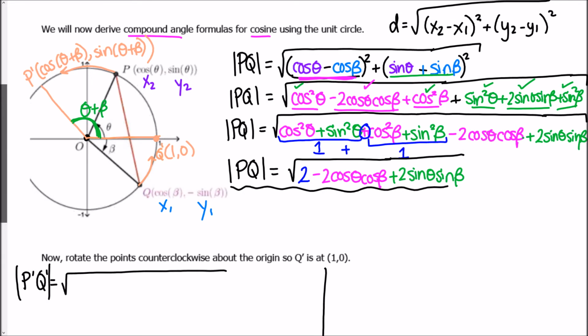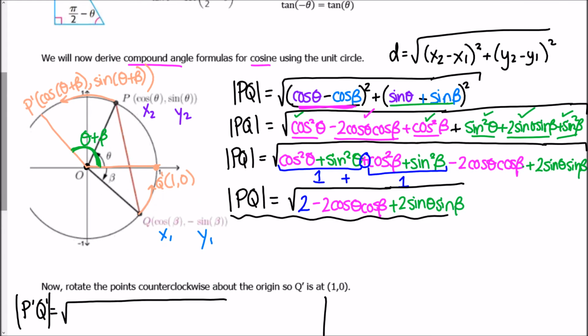But this time, this right here is going to be x2. This right here is going to be my y2, okay? And then over here, my x1 is just 1, and my y1 is just 0. And that's going to make things a lot easier for me right here, okay?